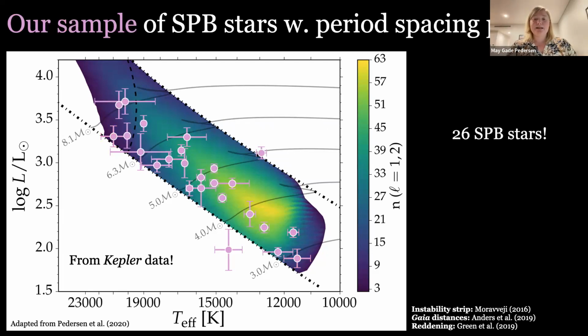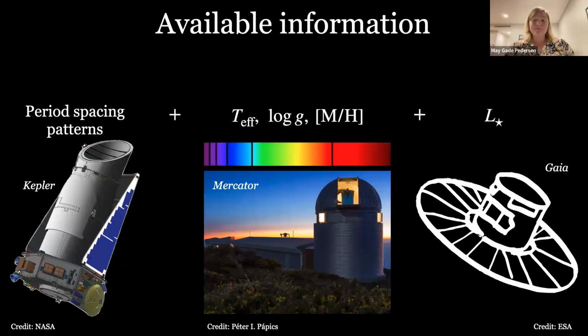The kind of data we had available comes in different formats, let's say. So we have the period spacing patterns, which we got from the light curves of the stars themselves. On top of that, from spectroscopy, we have the effective temperatures, the surface gravities and metallicities of the stars. And with the Gaia distances, we also have a luminosity available.